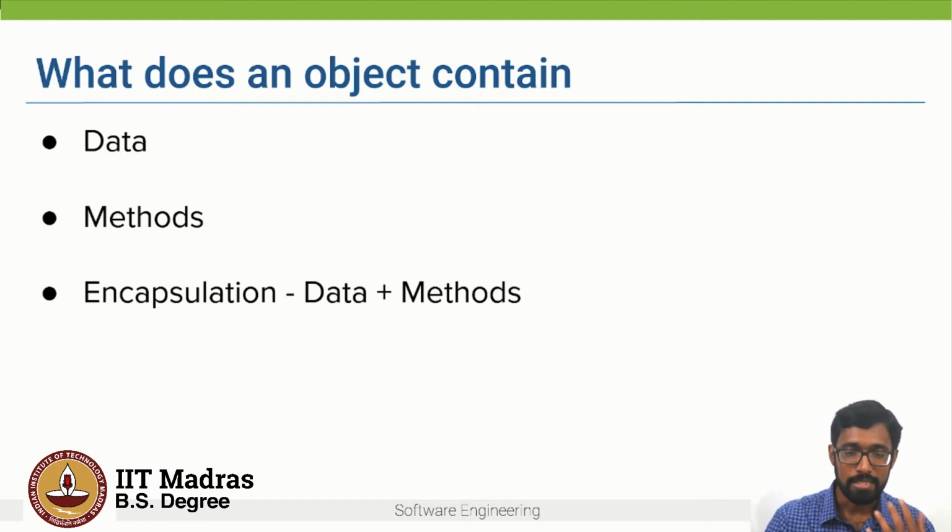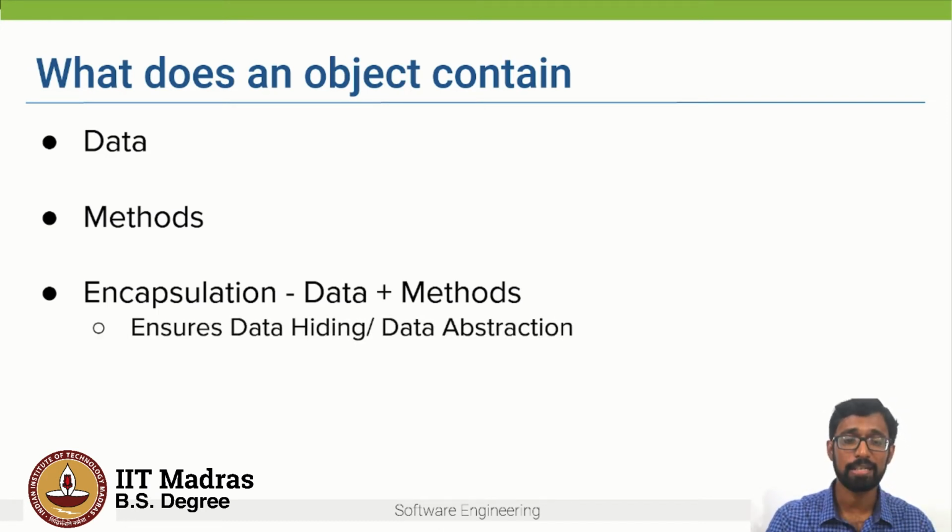Generally, data is hidden from other objects and it can only be accessed by the methods of that object. So no object can directly access the data of other objects. Each object can be thought of as hiding its internal data from other objects. This is a very important principle and it is known as data hiding or abstraction.